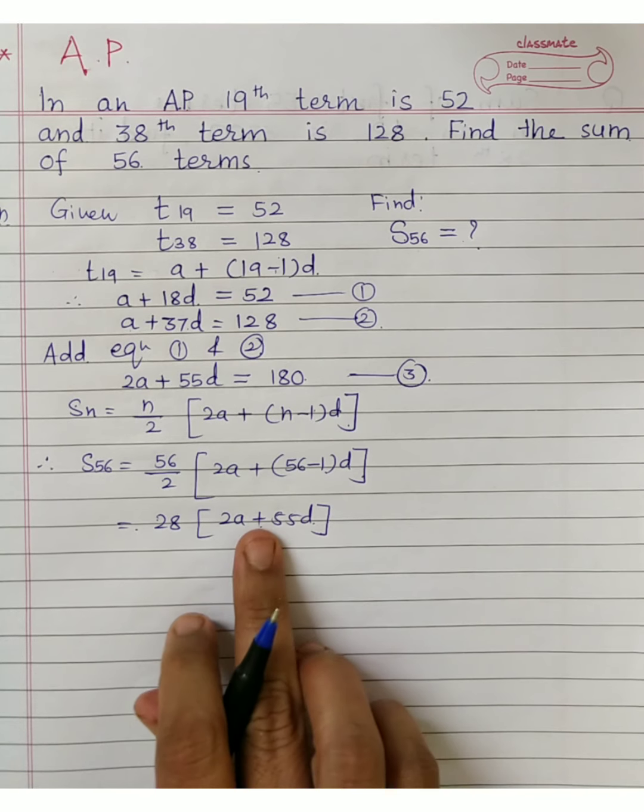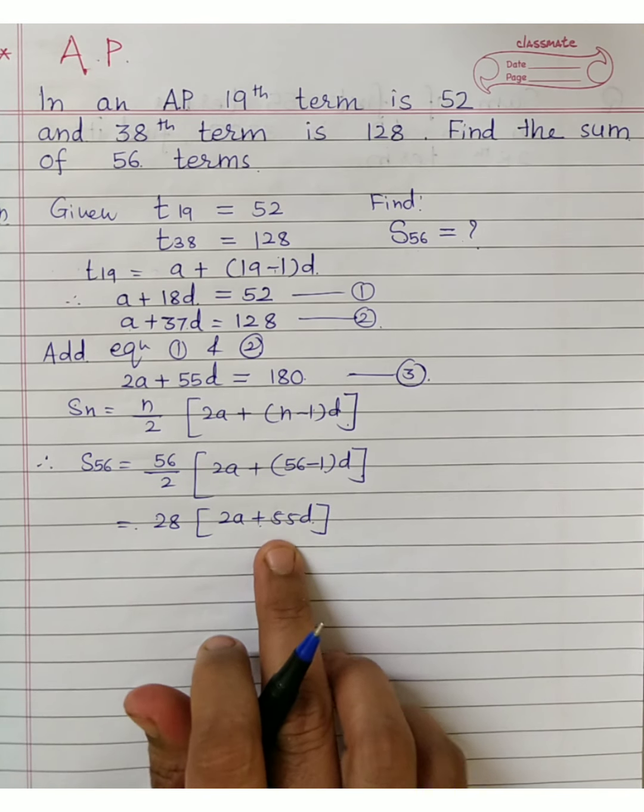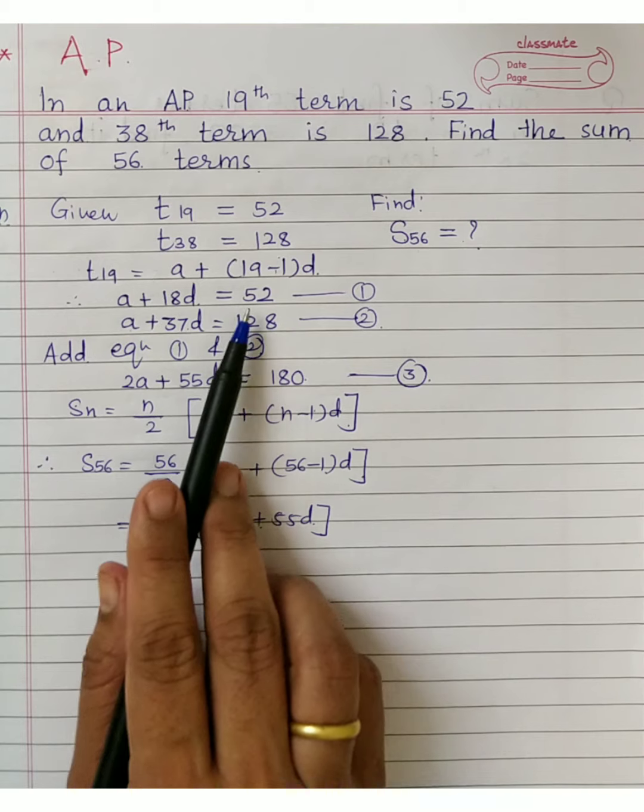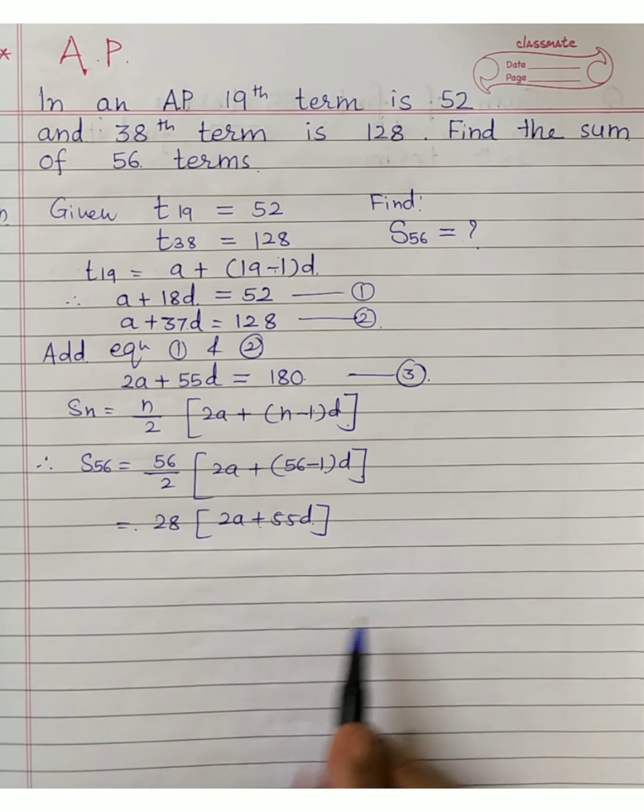Got it? Now directly the value can be substituted. You could have gone for the values of A and D also, but this works like a short method here.